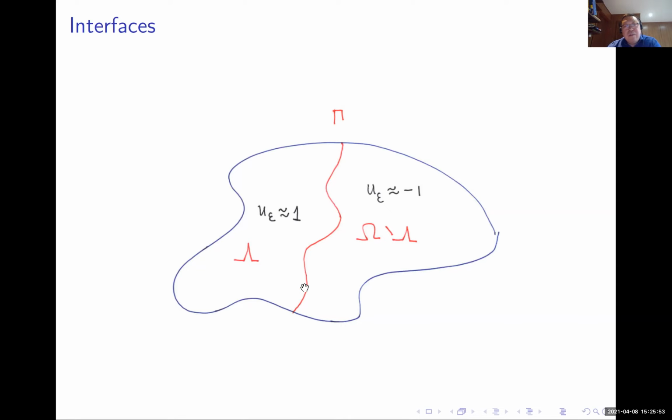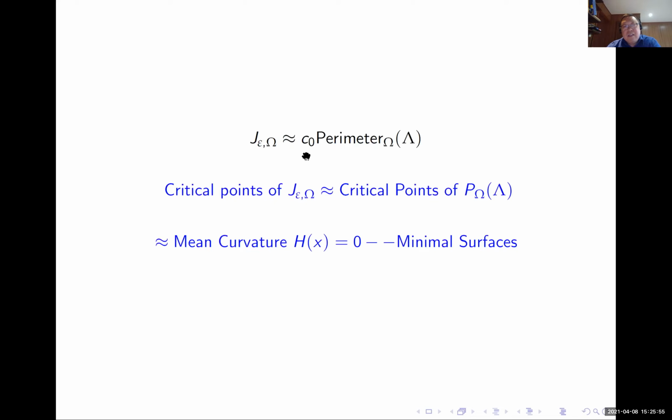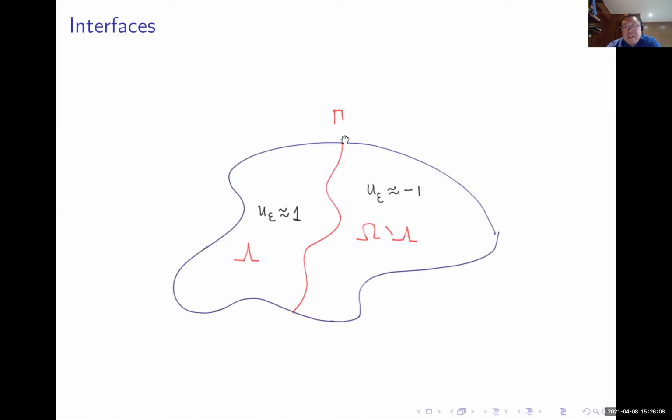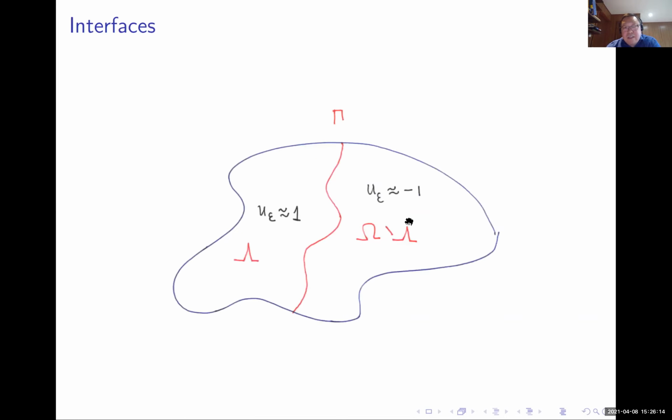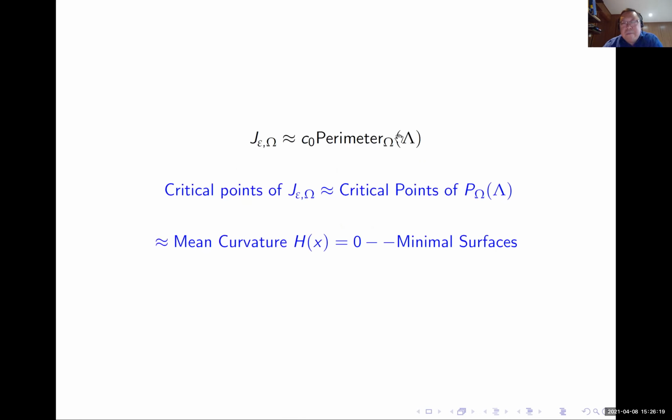Now, formally, if we compute the energy functional, it behaves like the perimeter of this interface. If you have this kind of behavior, the energy is like a perimeter.